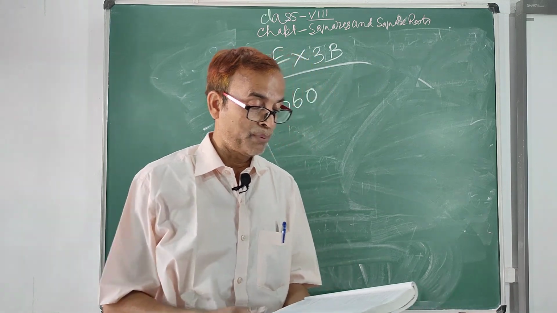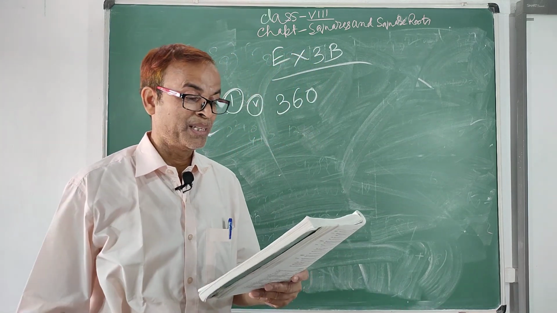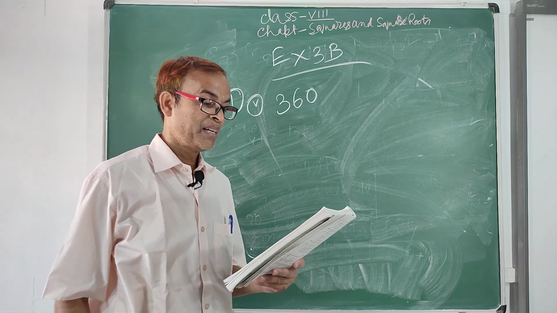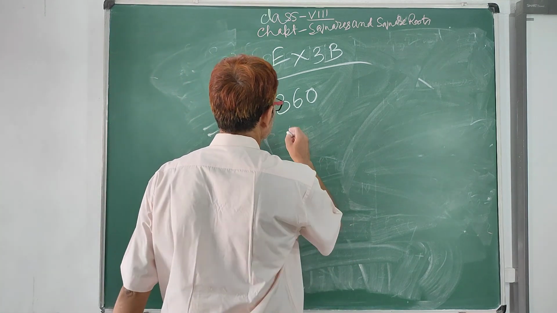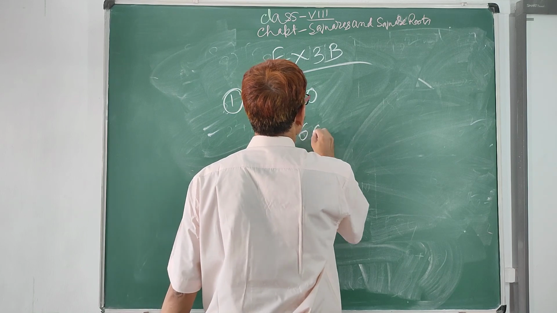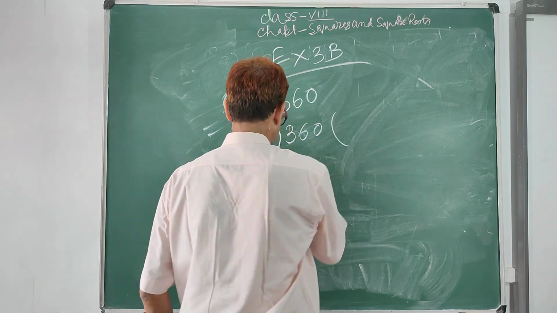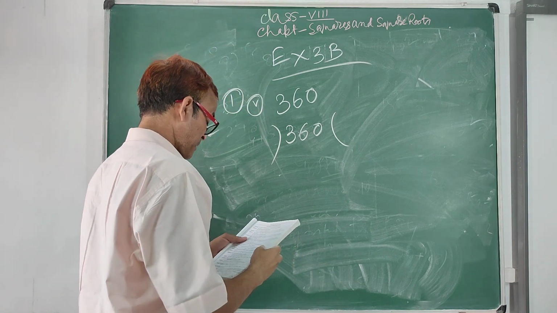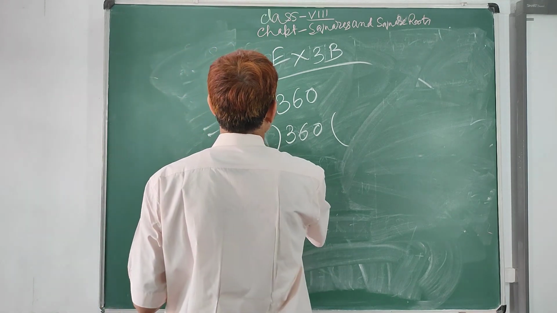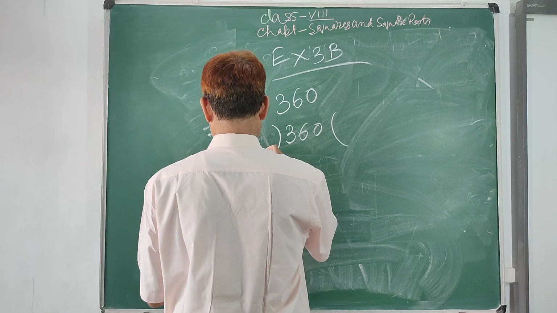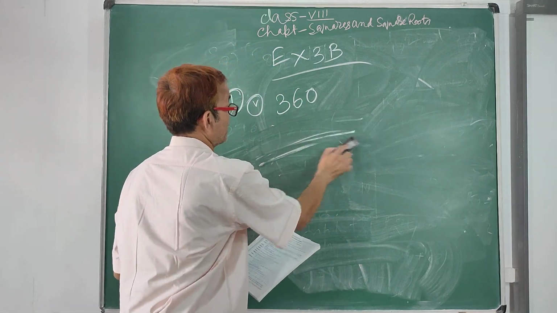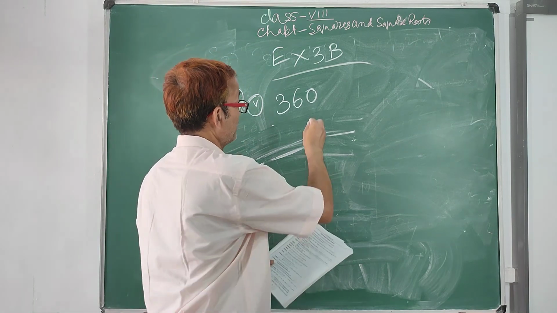Property number 3 and 4: if a number when divided by 3 leaves remainder 2. So first check 360 by 3. This is not the property. Here at last the number of zeros is 1.